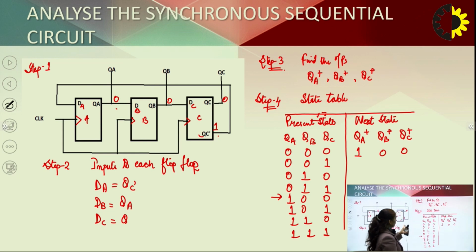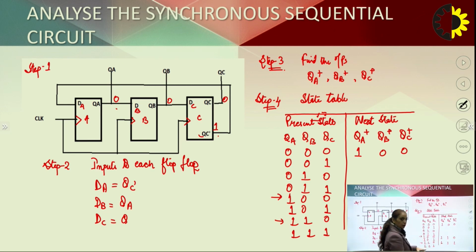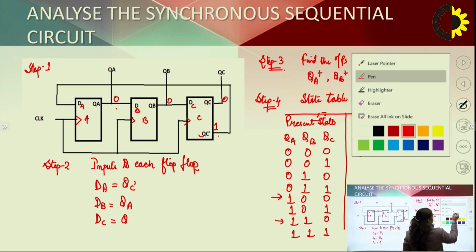From 1 0 0, we are again going to have 1 1 0. Now we have come to this stage 1 1 0. From here I will have 1 1 1, right? From 1 1 1, because now we have 1 1 and 1. Let me change this pen.